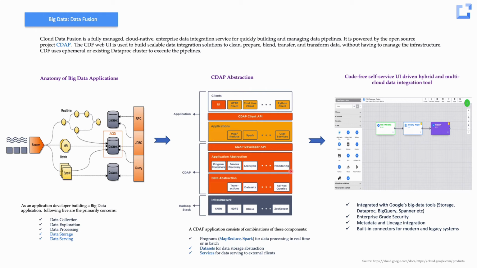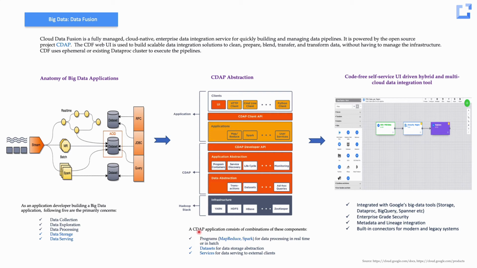All I care about is that I should be able to drag and drop and do the data manipulation, which creates intermediary data sets, and I should be able to just go and run it. That's exactly where CDAP as an open source project is gaining a lot of ground.